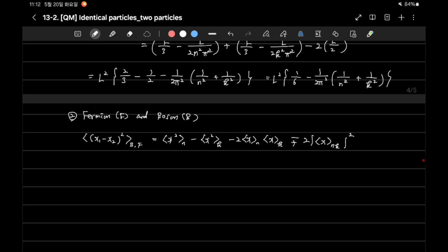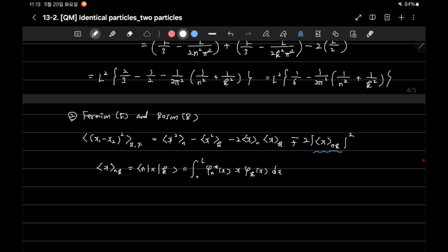Then we should calculate, and this calculation is that x n k is the n k state integration 0 to L, phi n x, x, phi k x dx.